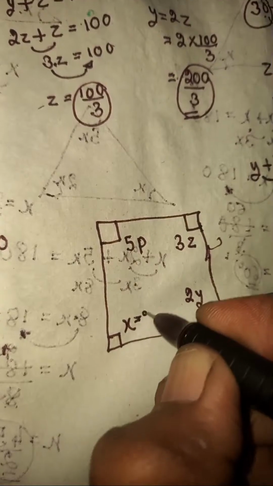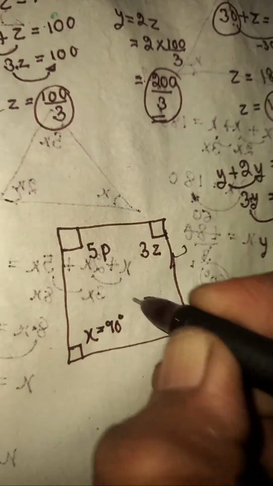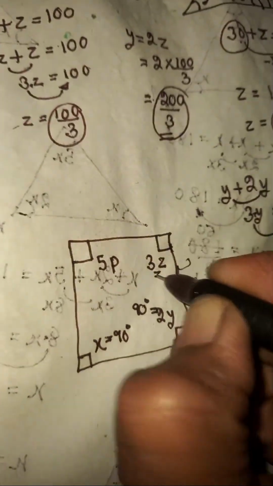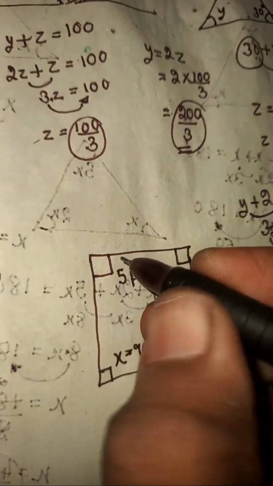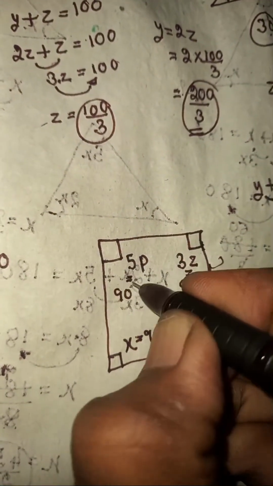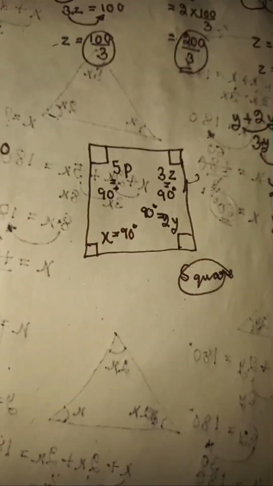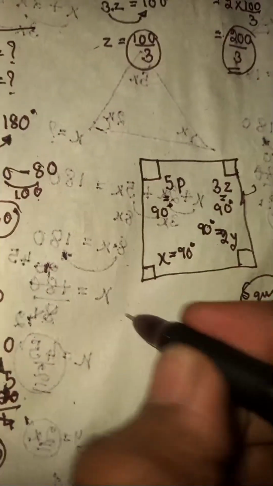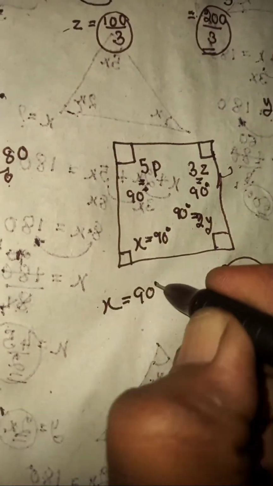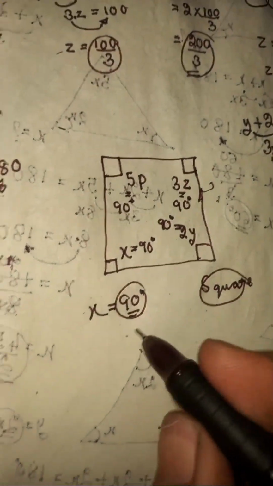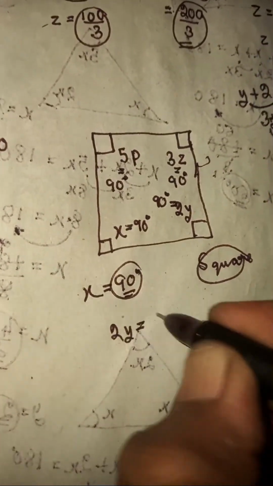This x is also equal to 90 degrees. This 2y is also equal to 90 degrees. 3z also equal to 90 degrees, and 5p also equal to 90 degrees. X is easy. X value is 90 degrees, and for y, 2y equal to 90 degrees.